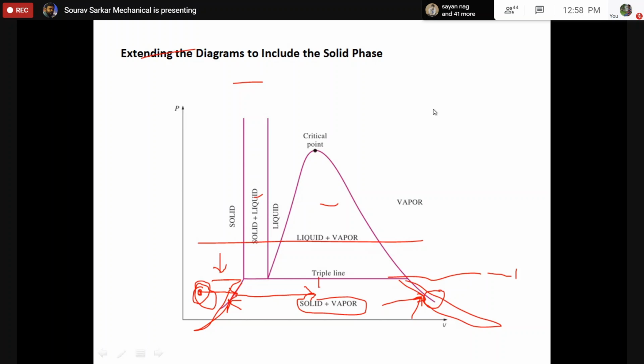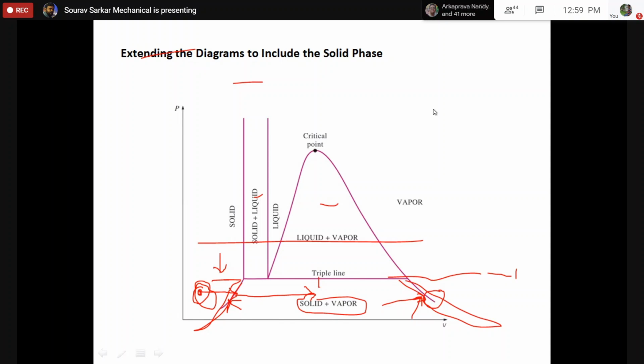But this is not going to happen for water. If you have ice, the ice is never going to convert into vapor at 1 atmosphere pressure, because 1 atmosphere is above the pressure level where 3 phases can exist. But if you go down to a certain low pressure, you will find there will be sublimation.